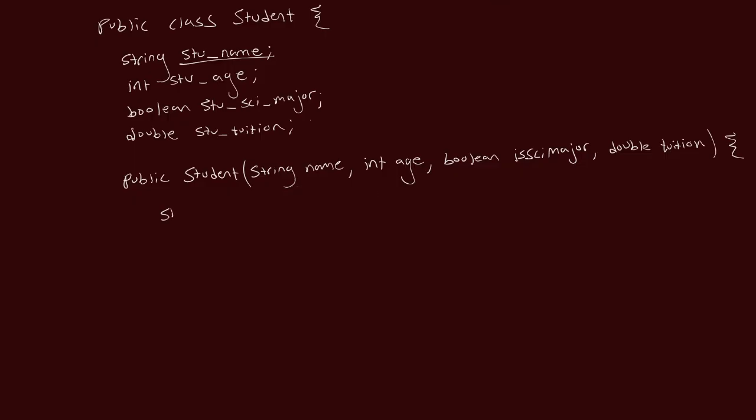So for stu name, it should be equal to the name we pass in this constructor. For student age, it's going to be equal to the age that we passed in our constructor.